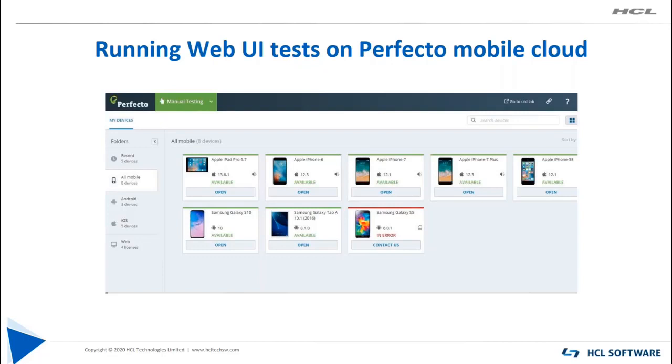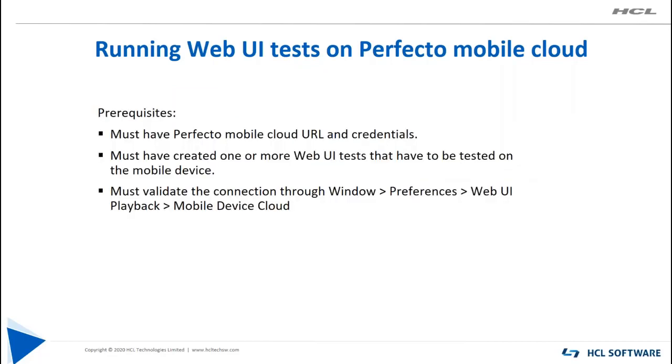You need just, let's say, a Perfecto license. When you have a Perfecto license, what we offer from our side is to execute your tests on any Perfecto device. Would you go to the next slide, GCC, please?